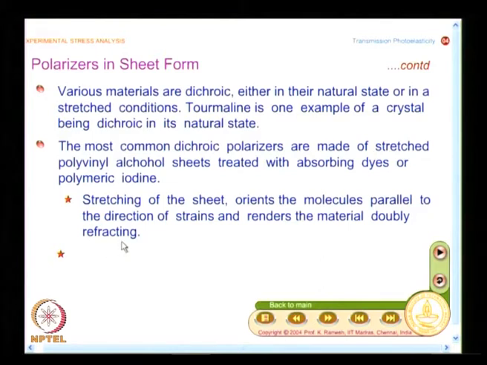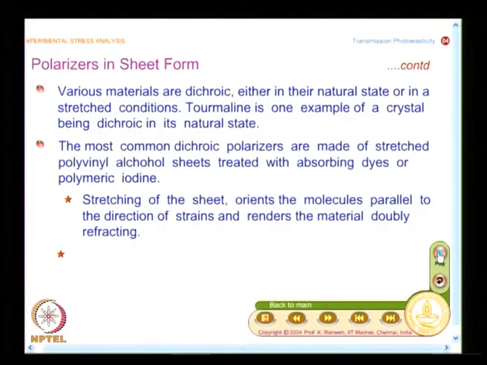So, the first step is you stretch it, and because of the stretching process the sheet becomes doubly refractive. So, it behaves like a crystal. You have two refractive indices, ordinary and extraordinary, traveling through it.